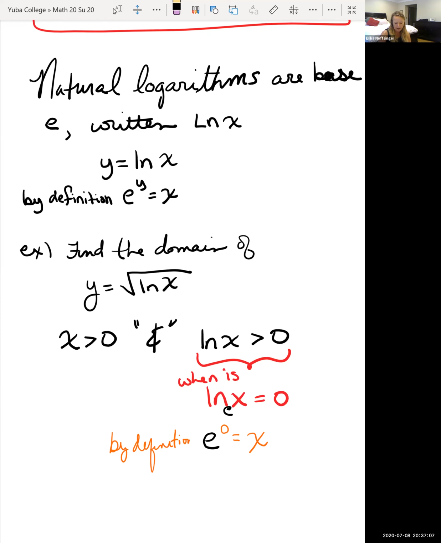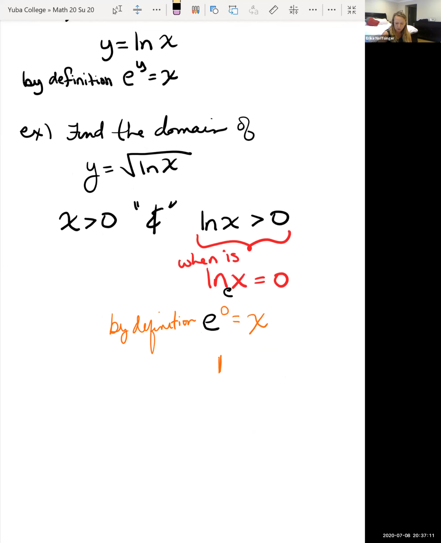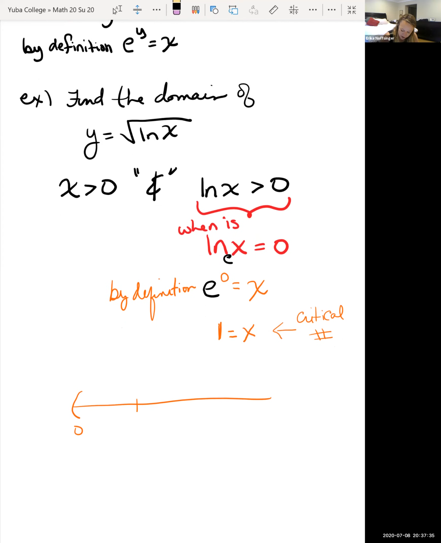Anything other than 0 raised to the 0 power is 1. So this is technically a critical number. Well, we know x has to be bigger than 0, so we don't have to look at anything to the left of this. We want to know what's happening between 0 and 1 and after 1.